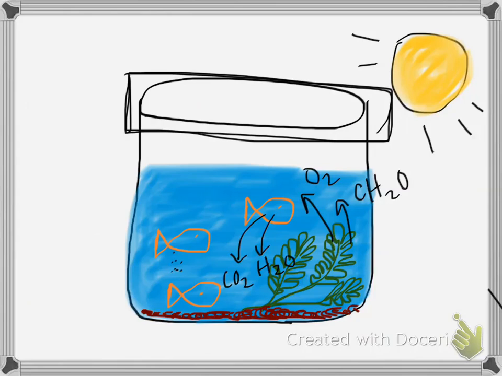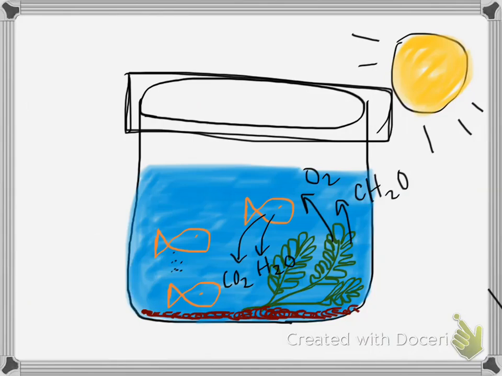I don't know if you can tell, but the plant is making, by photosynthesis, oxygen and carbohydrate. Those are the products of photosynthesis. The plant is giving off oxygen, and that's carbohydrate. And the carbohydrate would be here in the leaf, but the fish would eat the leaf. Okay, do you eat leaves? Me too.